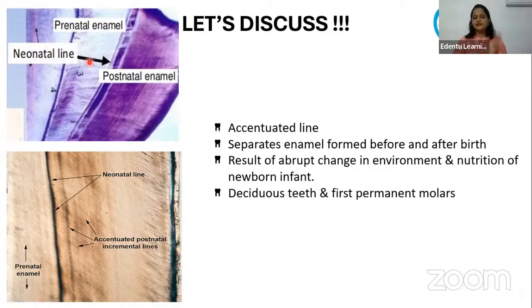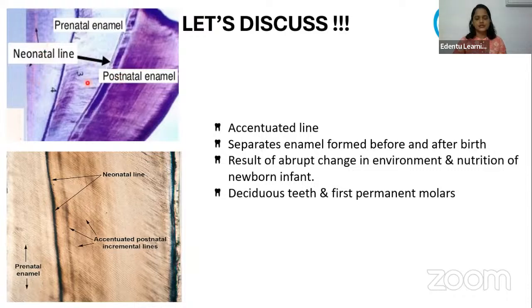Why this difference? Because of the abrupt change in the environment, and the nutrition of the newborn infant is also affected. So there will be a change in the enamel formed before and after birth, and the line that separates the prenatal and postnatal enamel is this neonatal line.